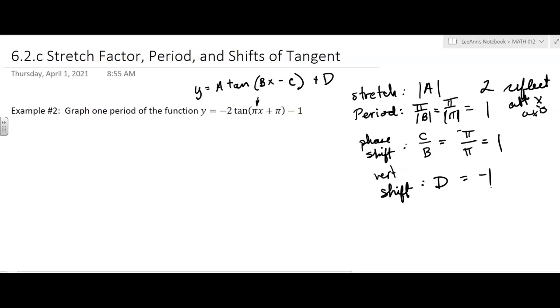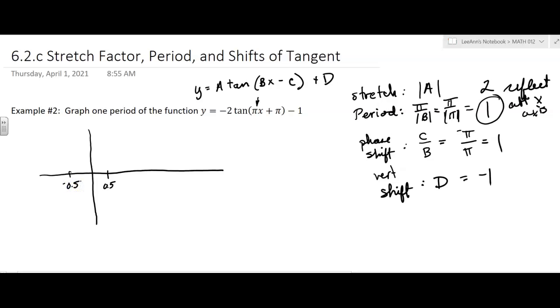All right, so let's get a graphing thing going on here. Let's think about the first asymptote. We want to go a period of 1, so we would be at 0.5 here, and then negative 0.5 here.